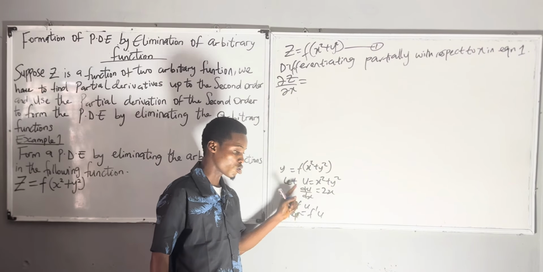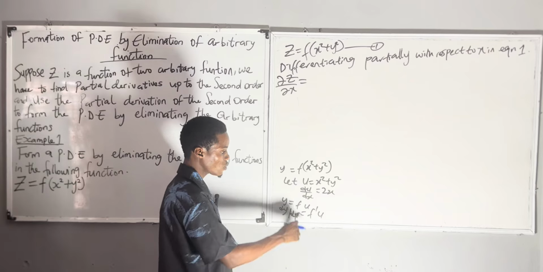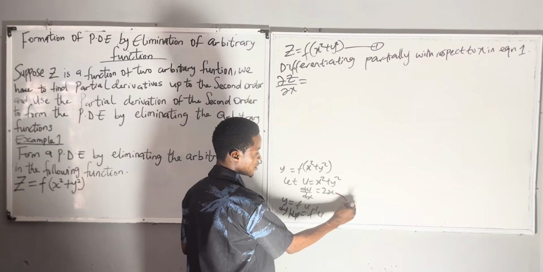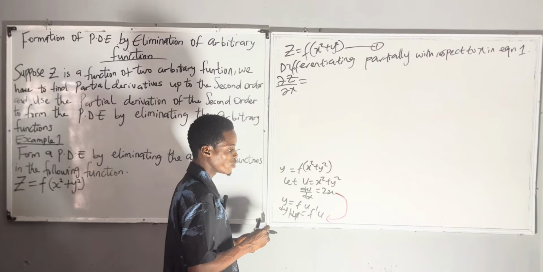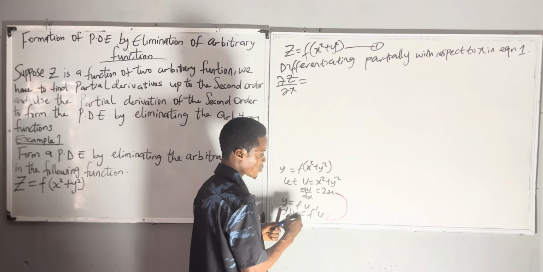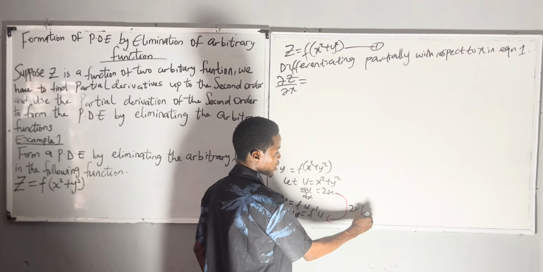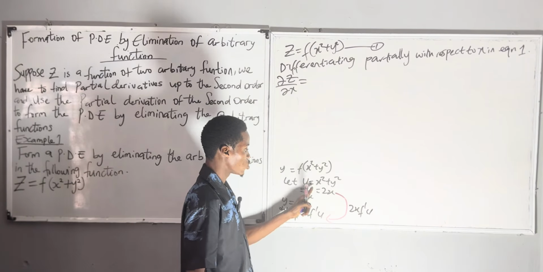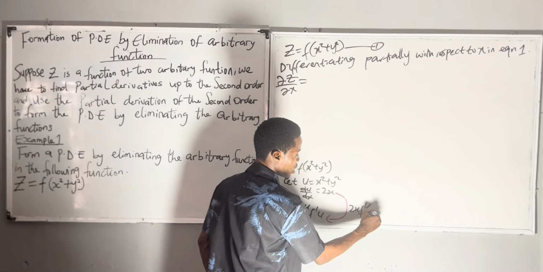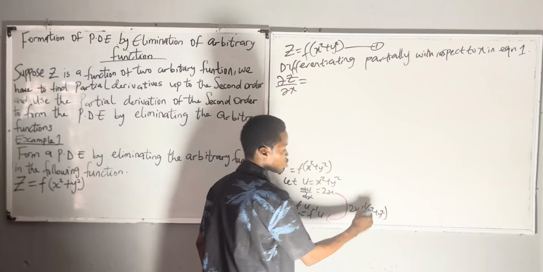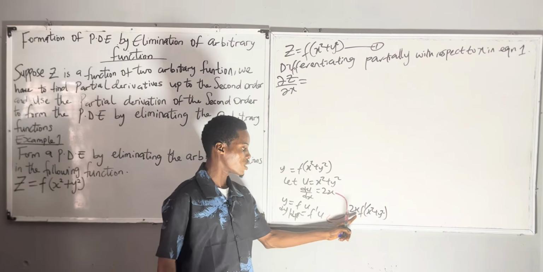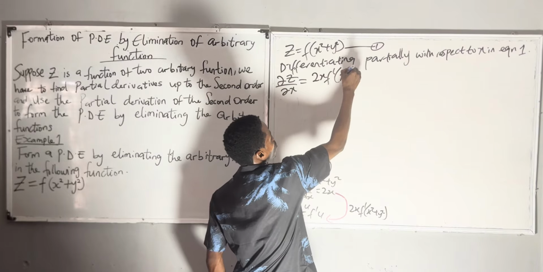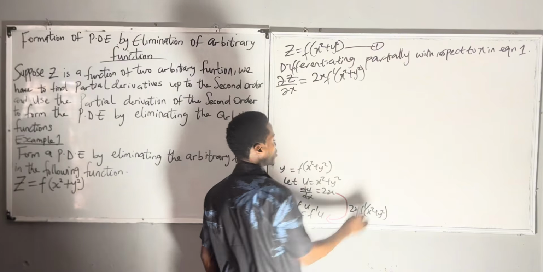Then I multiply du over dx times df over du, so I'm going to have 2x f prime of u. Our u is x squared plus y squared, so when I differentiate this, I have 2x f prime of x squared plus y squared.